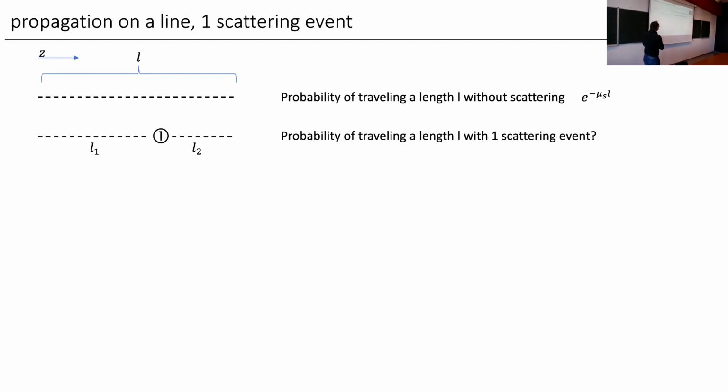So the probability of traveling a certain length L without any scattering at all would be exponential minus mu_s times L. So, given the previous, what would be the probability of traveling a length L with one scattering event here? What do you think?